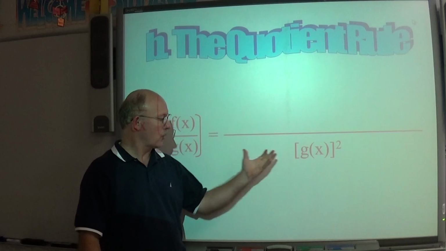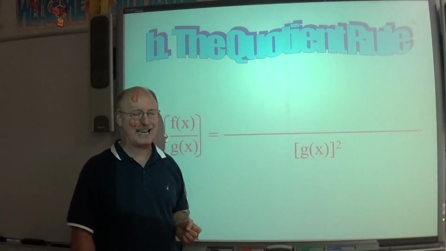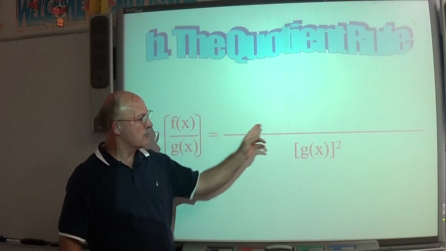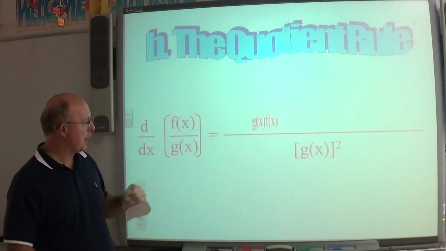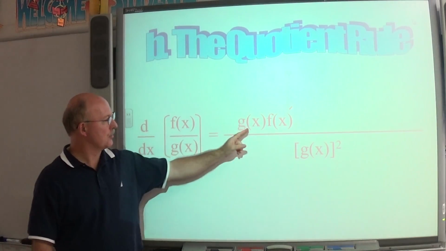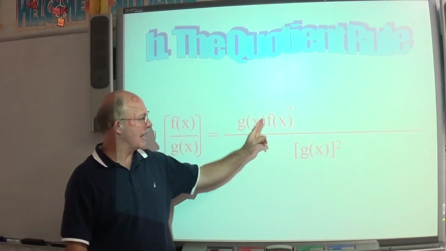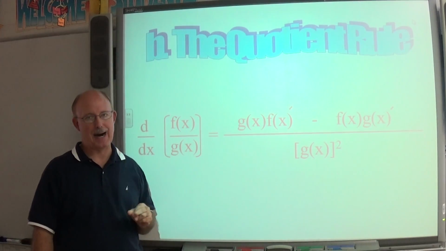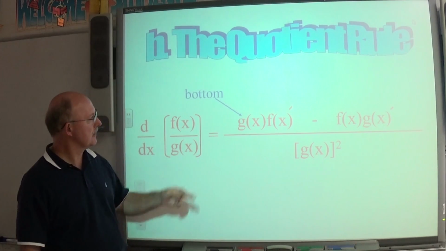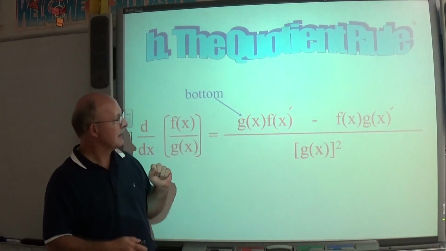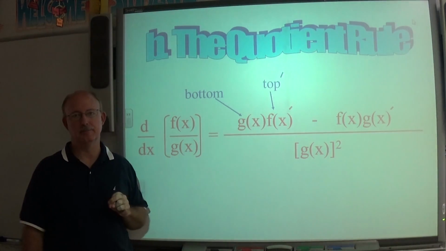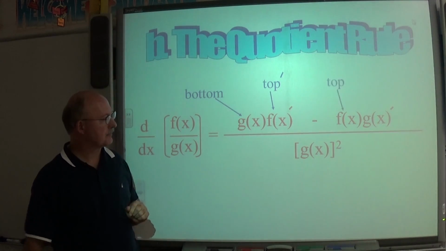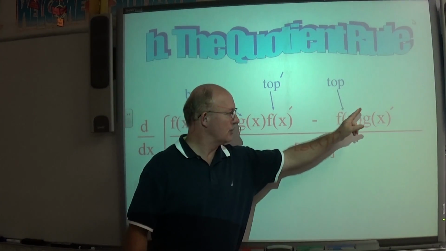With the quotient rule, we're going to end up with a big fraction for our answer. Now, along the numerator, we're going to take the bottom function times the derivative of the top, minus the top times the derivative of the bottom. Once again, you take the bottom function times the derivative of the top minus the top times the derivative of the bottom.